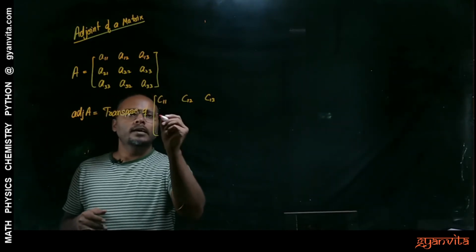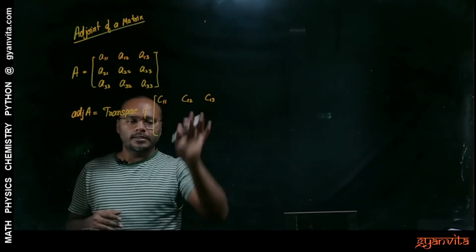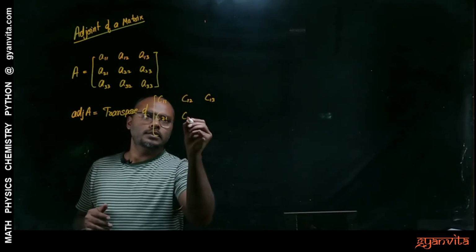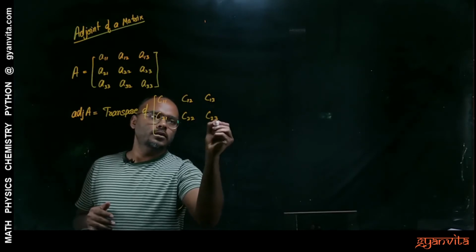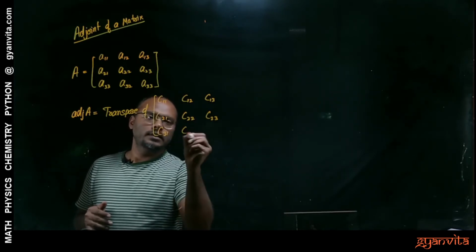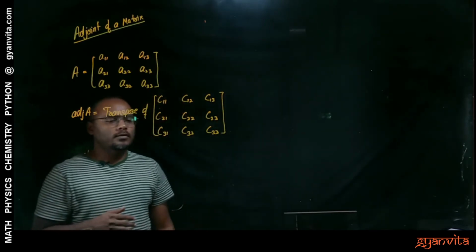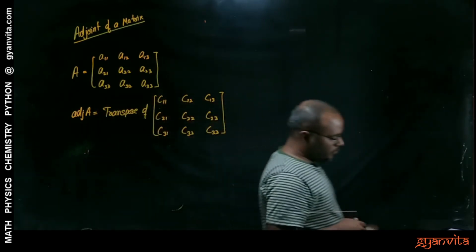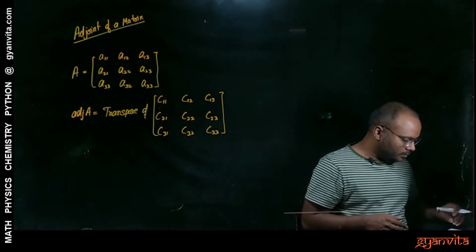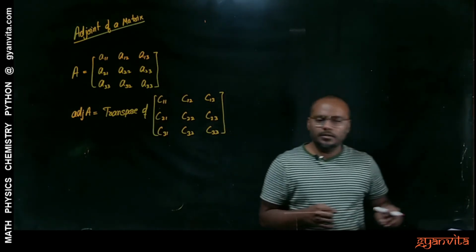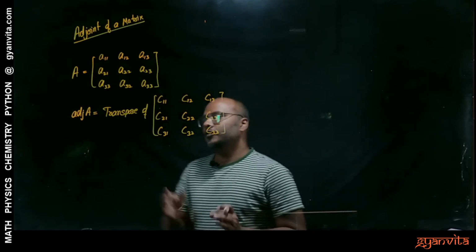I don't want to get confused, so I write C. Okay, so next is C21, C22, C23, C31, C32 and C33. So what is C11, C22 and C33? That is nothing but the cofactors, right? So transpose of that.